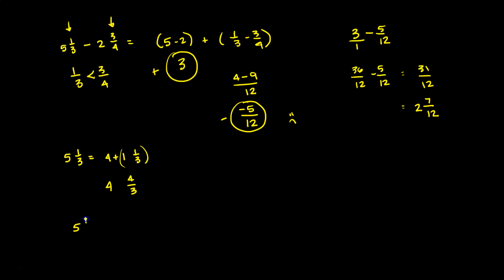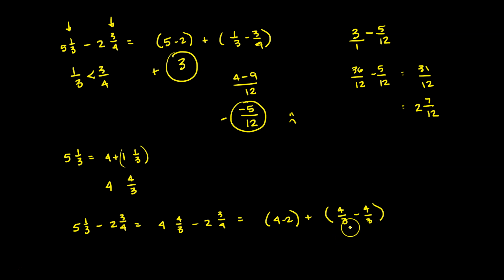So 5 and 1/3 minus 2 and 3/4. Let's think of that as 4 and 4/3 minus 2 and 3/4. We'll group together the whole numbers. We'll group together the fractions. We'll subtract our fractions. Oops, I ruined my denominator.